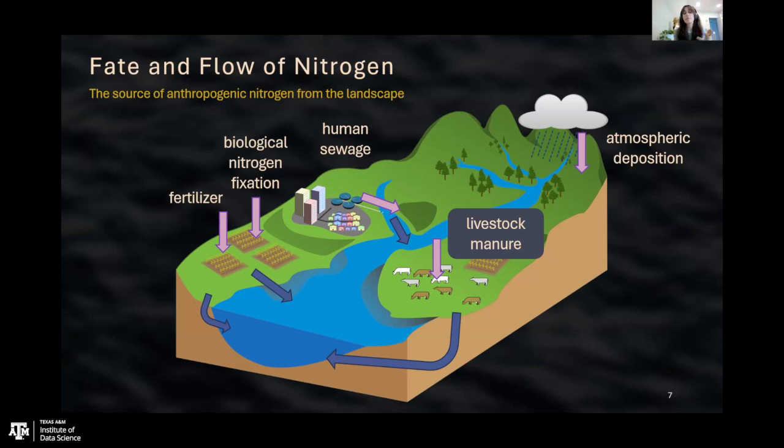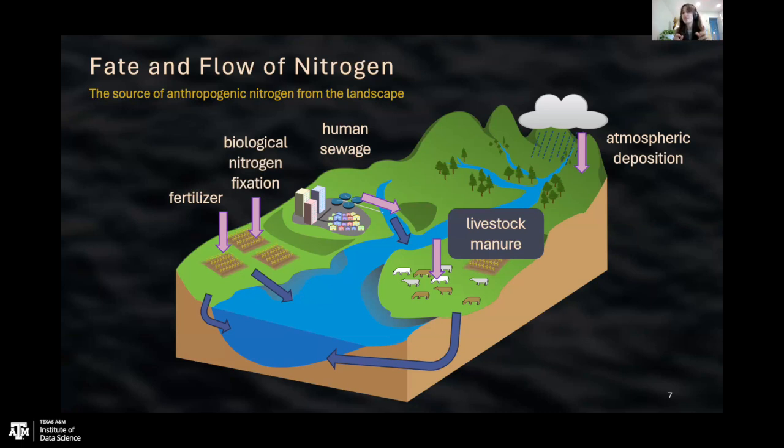The time that it takes for this nitrogen to go from the landscape to our rivers is not straightforward, right? The path it has to go through, especially when it goes through the subsurface, where it gets taken up by things and released, and goes through some chemical transformations, can really take maybe a year to 30 years to get through the landscape.